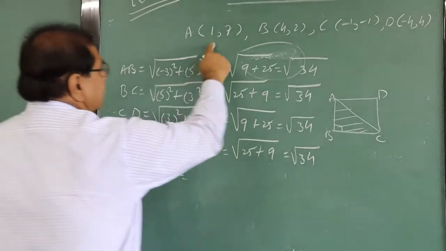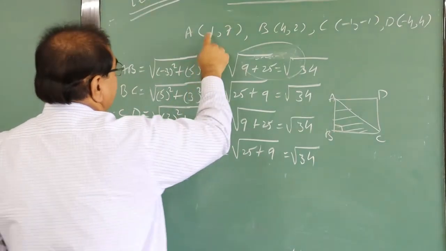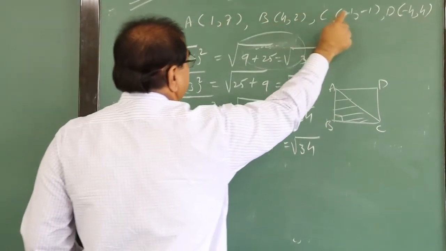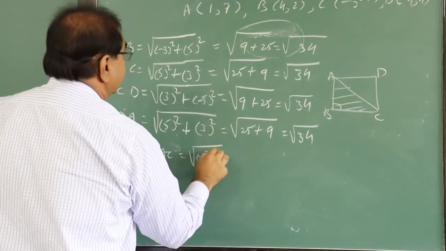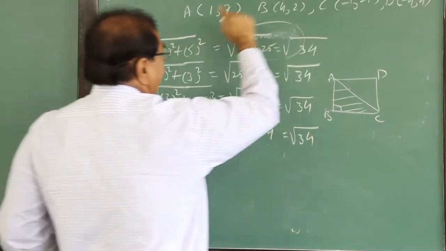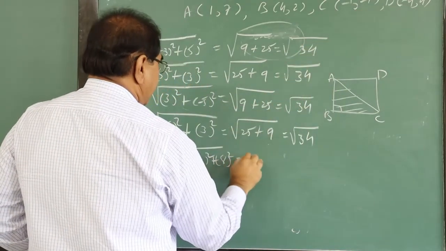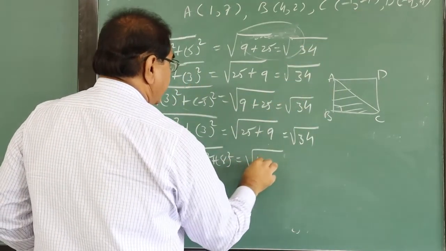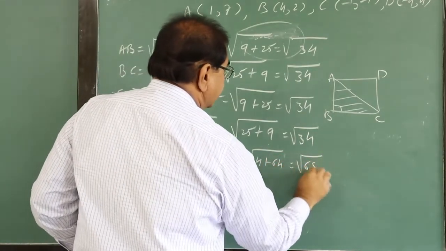AC means first and third. AC is equal to 1 minus -1, means it is 2. 2 square plus 7 minus -1, so it is 8. 8 square. So 2 square is 4, 8 square is 64, it is equal to square root of 68.